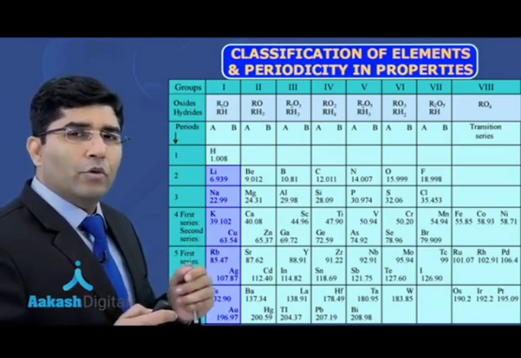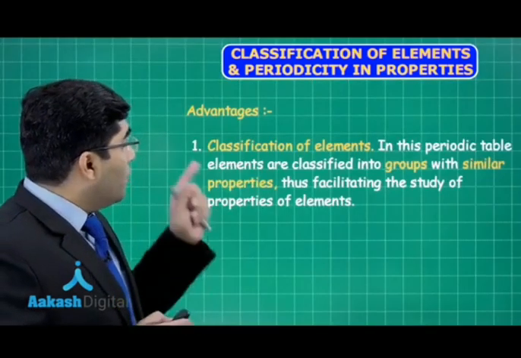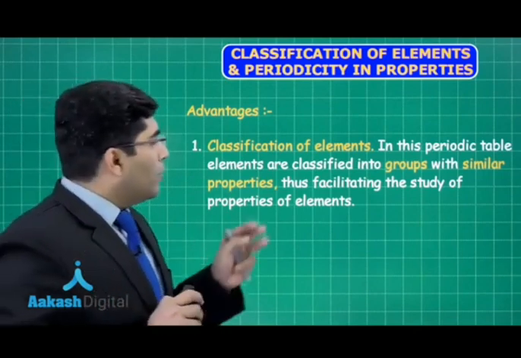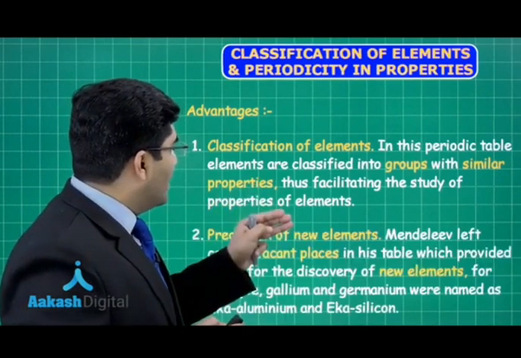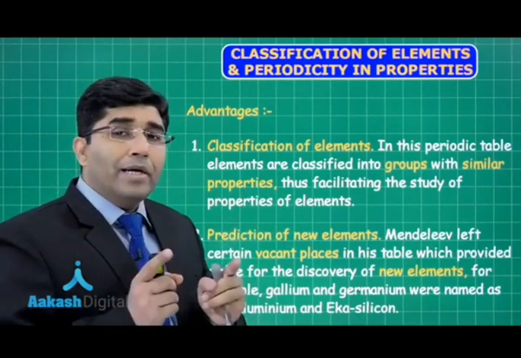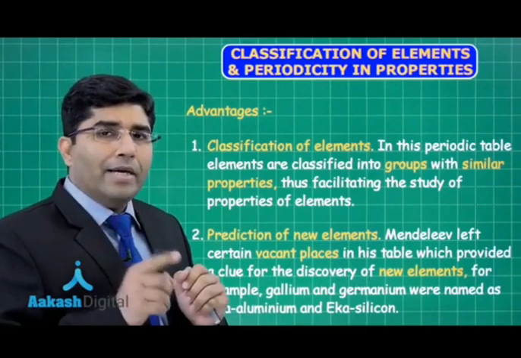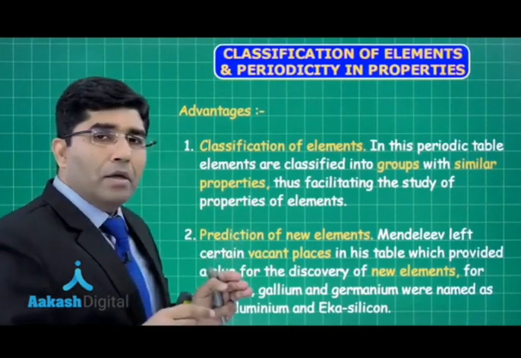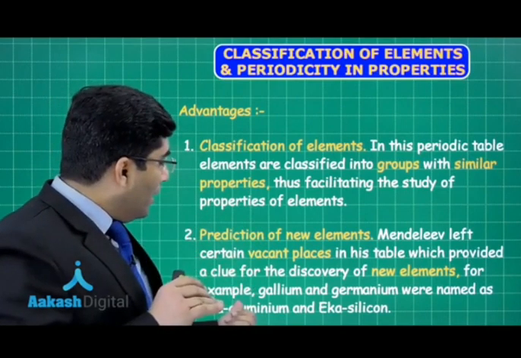Let's discuss those advantages. The first advantage was he classified the elements very well. After the classification of the elements, he also predicted new elements. He said that there will be an element below aluminium and silicon.